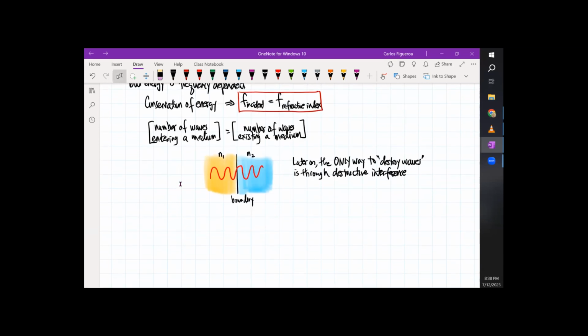I've already said this, but we should say it again because it's a misconception. Frequency does not change when crossing an optical boundary.